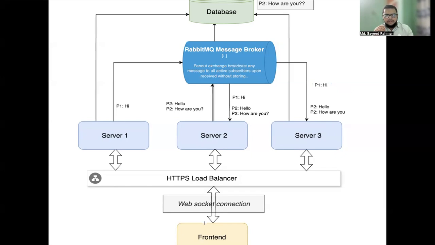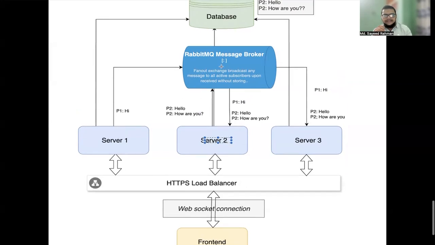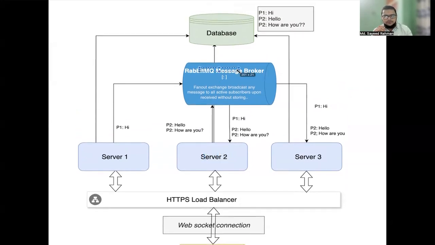Again, when the front end sent a message, hello, how are you, and the load balancer propagated the message to server 2, server 2 sends the message to the RabbitMQ message broker, and RabbitMQ, just like a fan rotating in all directions, throws the message to every available server right at that moment.